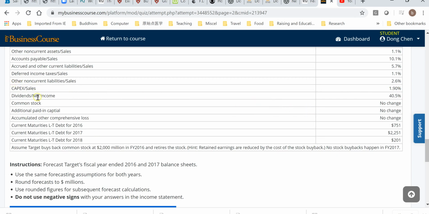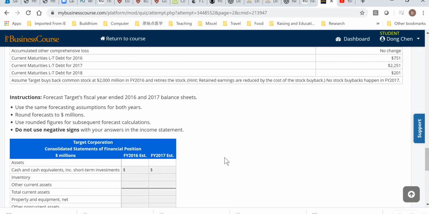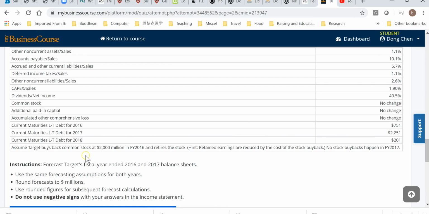And this dividends divided by net income will be used when we forecast the dividends. And then from that, we can also figure out the addition to retained earnings. And that number will be used when we forecast the retained earnings, together with the information about the repurchase of the stock.